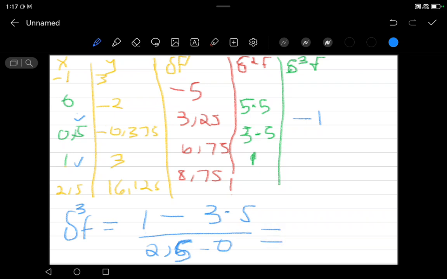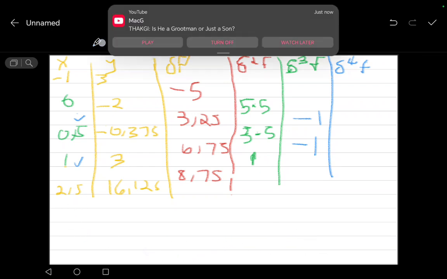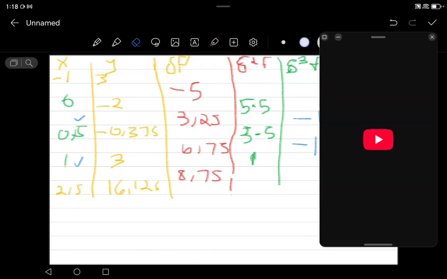Okay, and then we get our answer as -1. And then the last one is going to be delta to the power 4 f. Okay, and then to calculate that, this is how we do it.